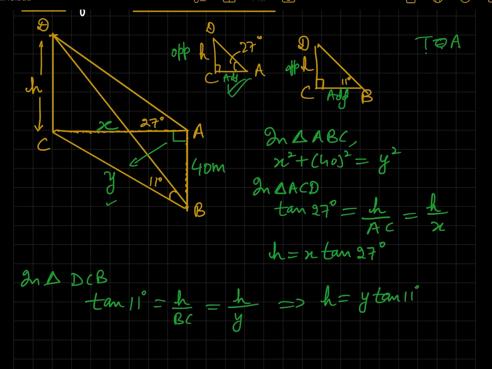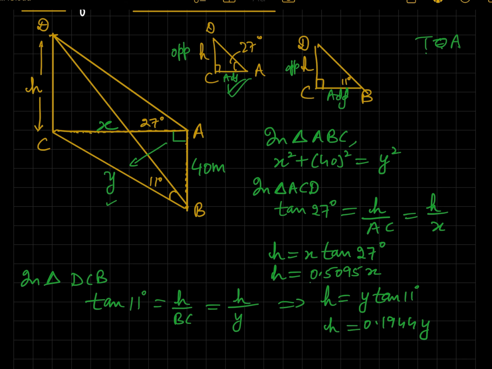Clear? So from here I can use how much is tan 27 degrees. So tan 27 is 0.5095 something, times x, and here H is tan 11, which is 0.1944, times y.